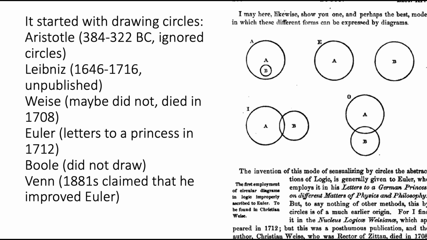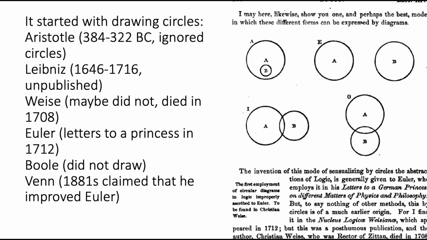And Leonhard Euler very likely knew about the works of Leibniz, and he published more or less the same circles in his letters to the princess. It was a series of educating letters where he had to explain in simple ways some fundamentals of mathematics, and these illustrations were exactly to the point.